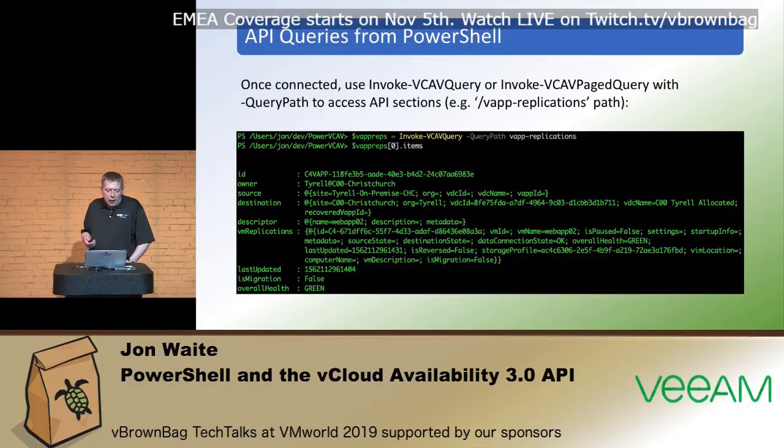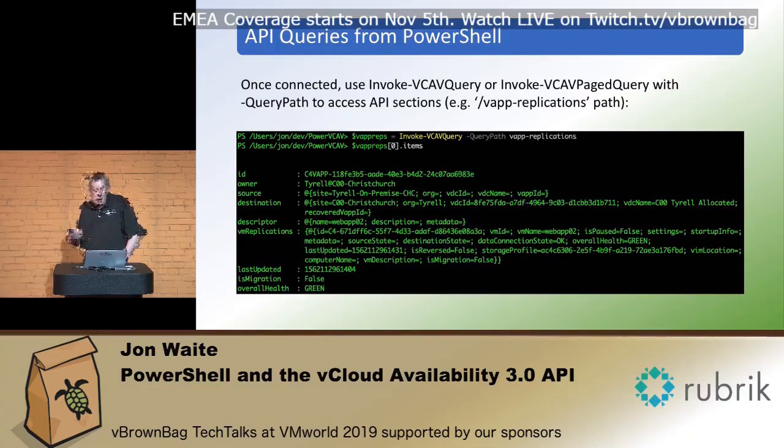And then once you are connected, you can do neat things like show me all of my vApps that are being replicated right now, and then show me all the data point items that are encapsulated in that replication, and then start basing your reporting, your scripts or your billing on the returns that you get out of that.